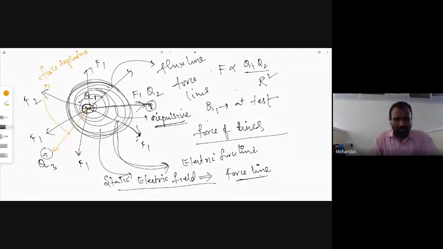Now, if I want to move this charge from position A to position B in the presence of the electric field, as there is a repulsive force, Q3 needs some external energy.